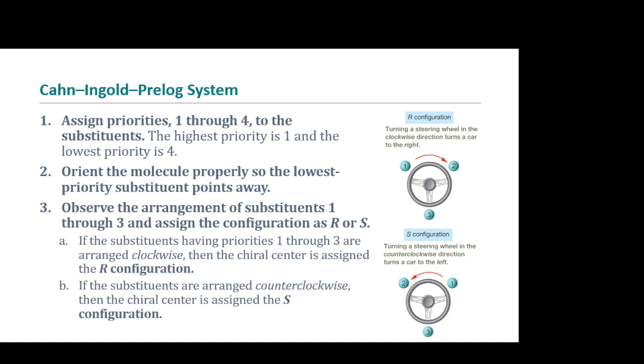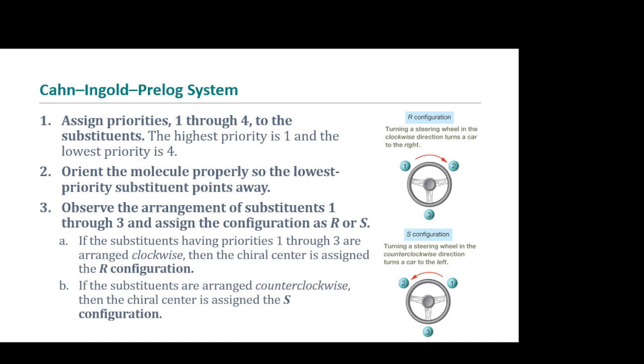The highest priority is going to be 1. The lowest priority is going to be 4. Typically, we don't actually have to do 4, because if we do 1, 2, and 3, what is the remaining one? 4. Yeah. And the lowest priority one is going to be pointing away from us anyways, okay? As we're going to see in just a bit.